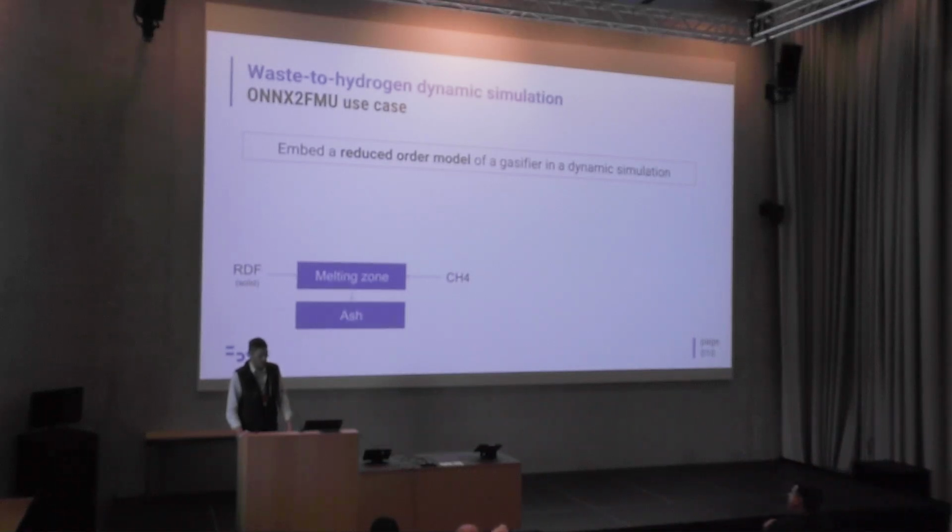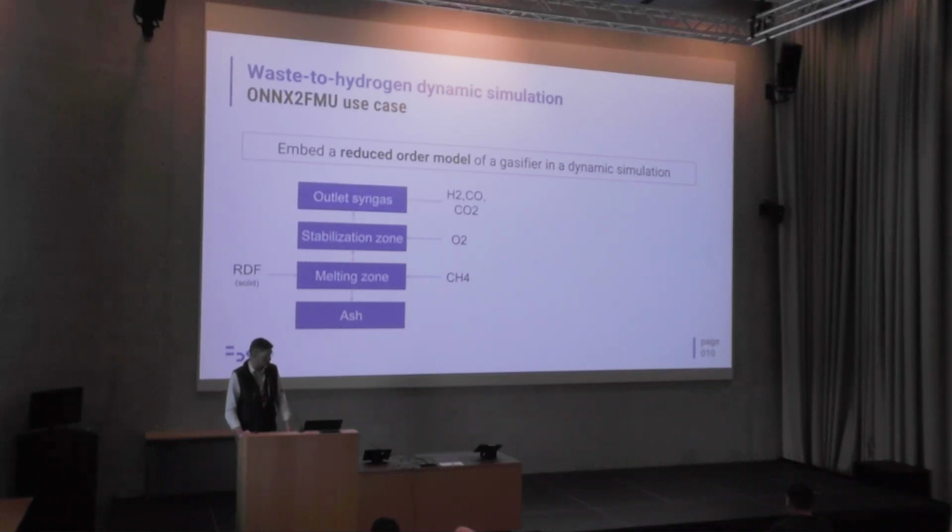We have production of solid output. Then there is a stabilization zone where many chemical reactions occur and where we inject some other gases for stabilization. And finally, we have the byproduct, the syngas of the process, which we are interested in. You see, we are interested to control the amount of hydrogen that we produce.